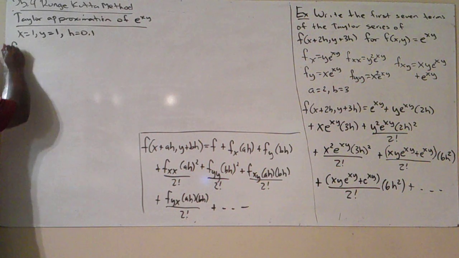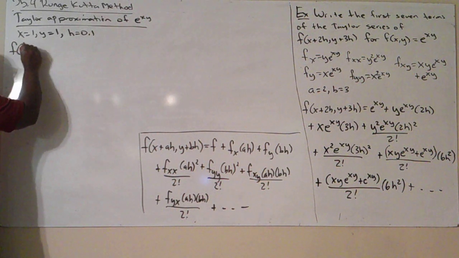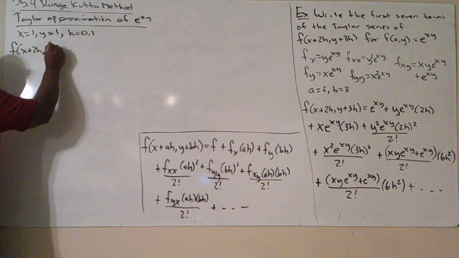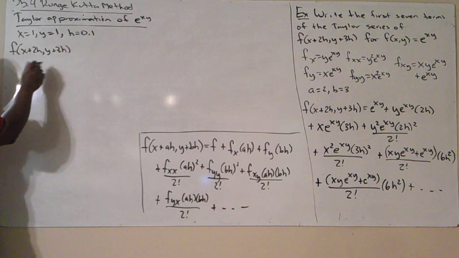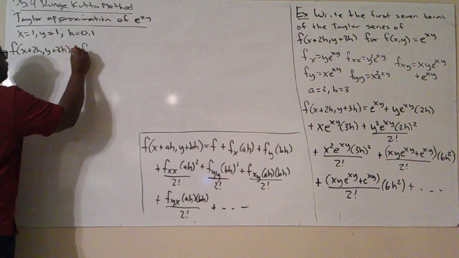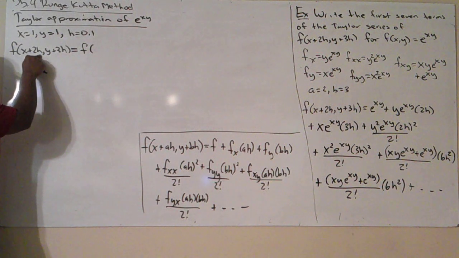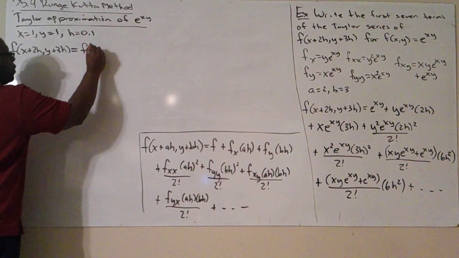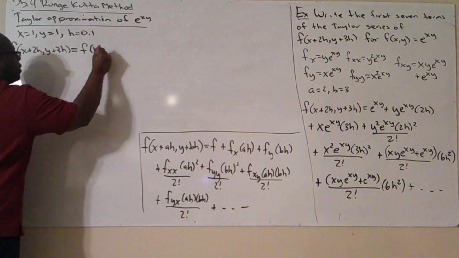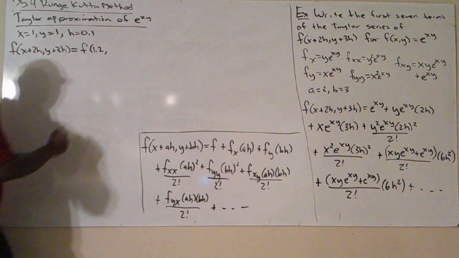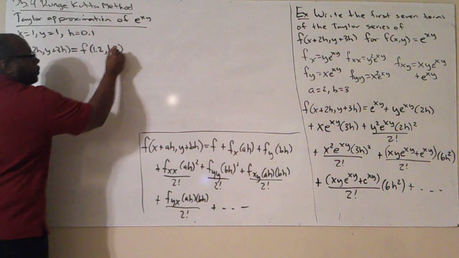Then if we plug in, we have f of x plus 2h, y plus 3h, right? If you guys look at that, we know that's really f where x is 1, h is 0.1, so this is 1.2, comma, then this is going to be 1.3 for the second part.